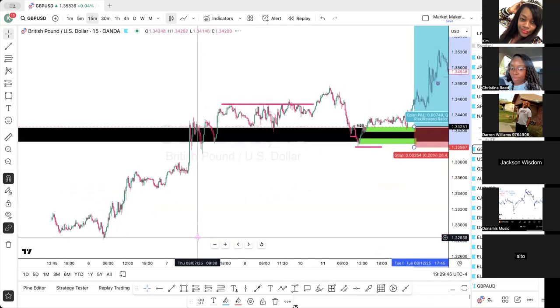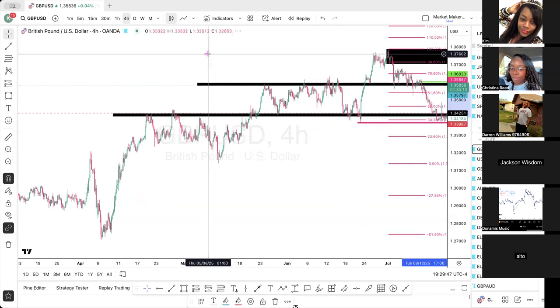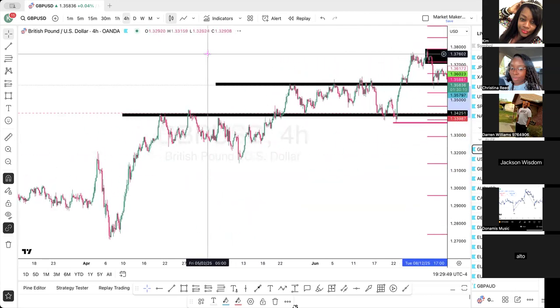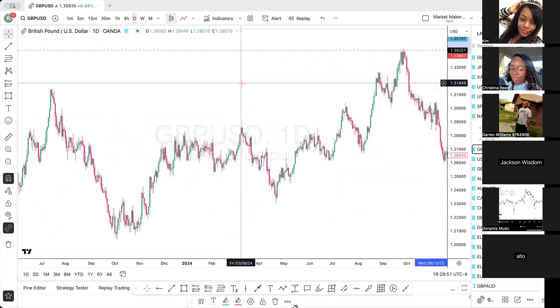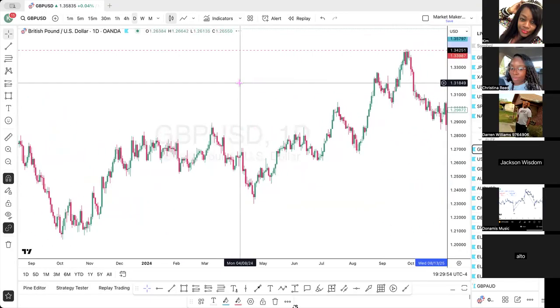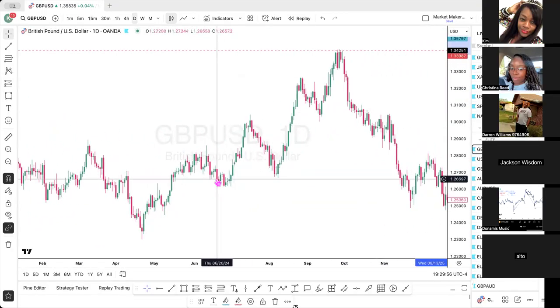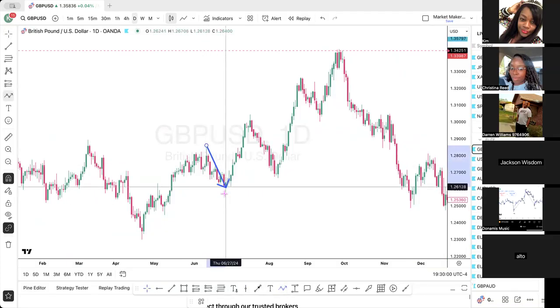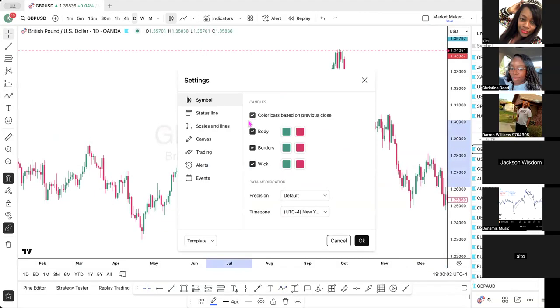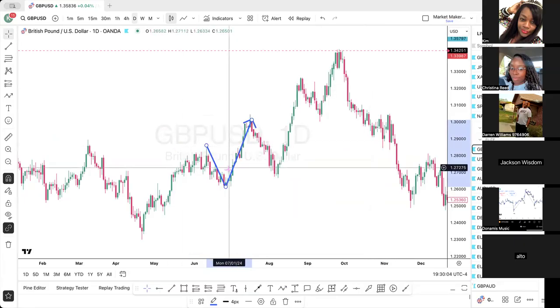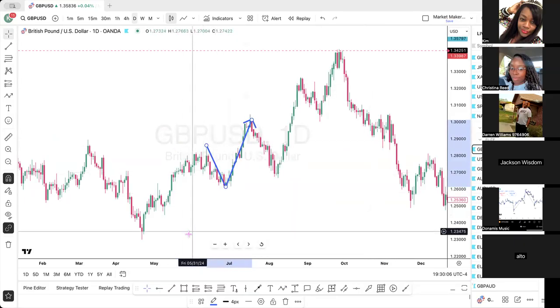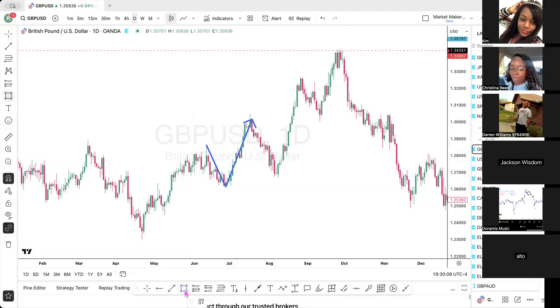So for me, let me just go to a higher time frame. If you know your structure, you want it to come back to an A plus setup.